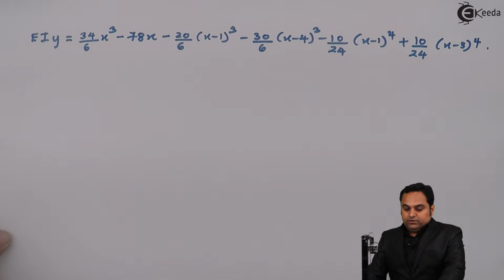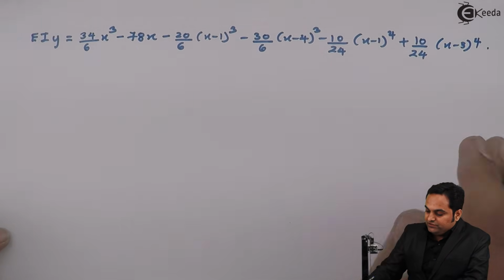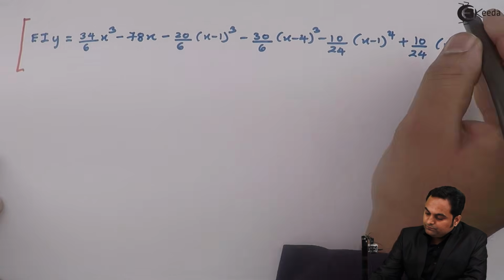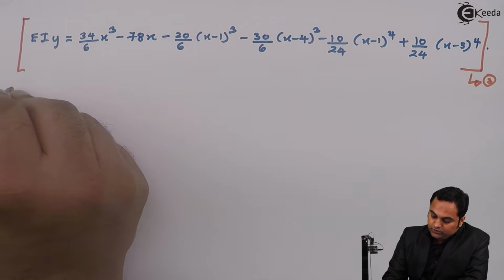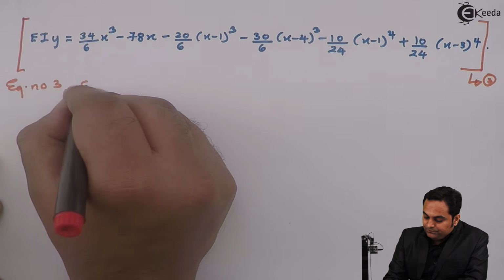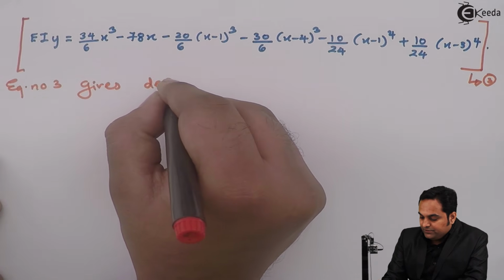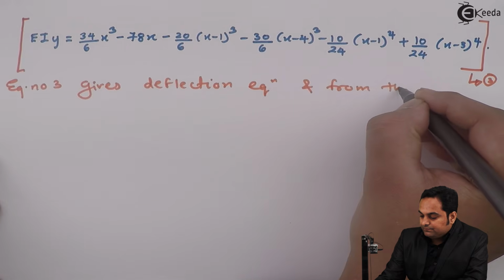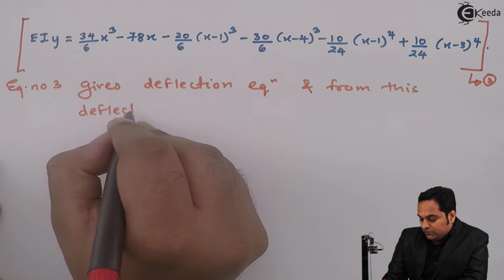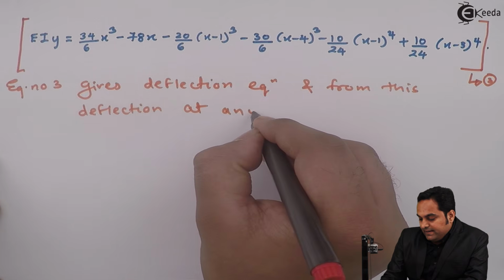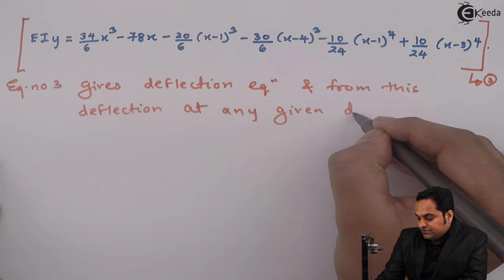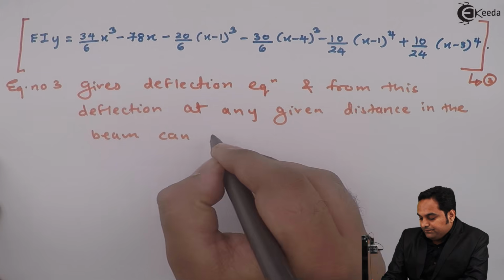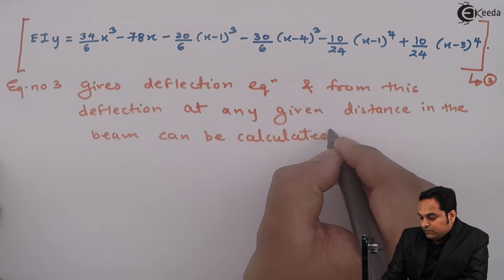Now here we have this equation in which we have put C1, C2 values. So therefore I'll say that equation number 3 gives the deflection equation, and from this deflection at any given distance in the beam can be calculated.